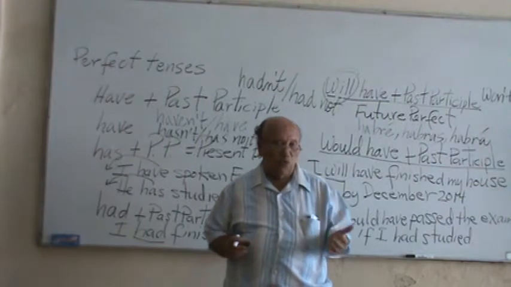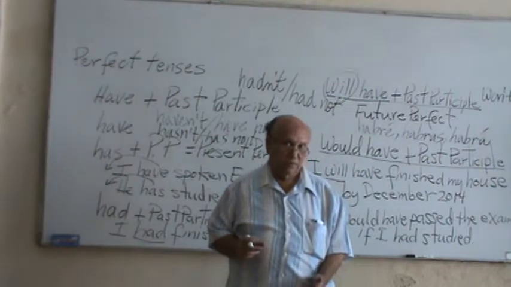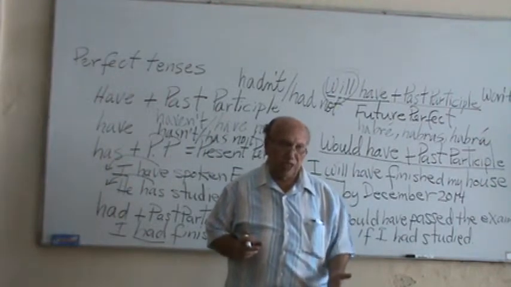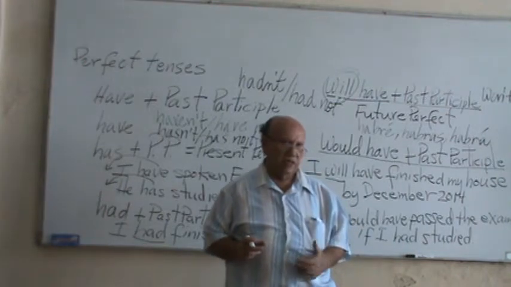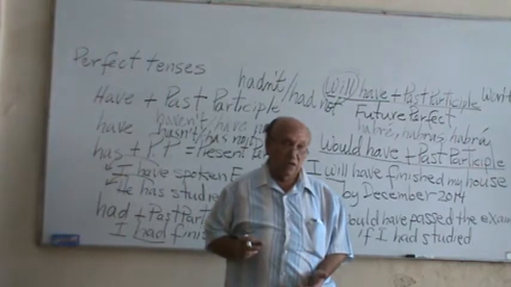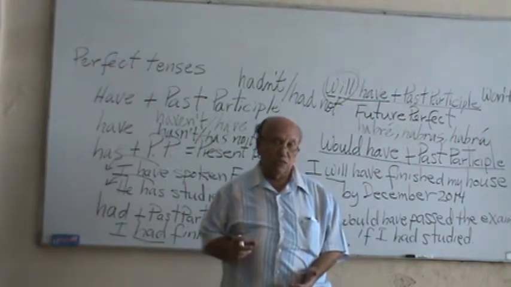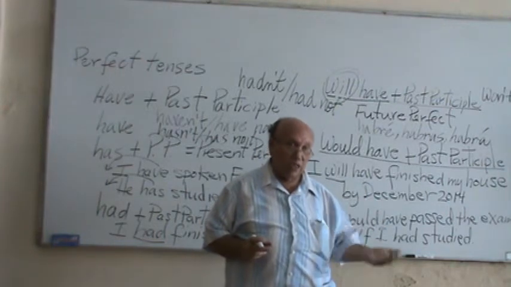Okay? I would have is a contraction of I would have. In spoken English, it is better to use the contraction than the full form. The negative of this structure is using wouldn't plus have. I wouldn't have.